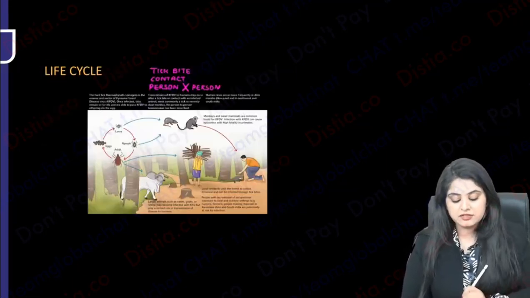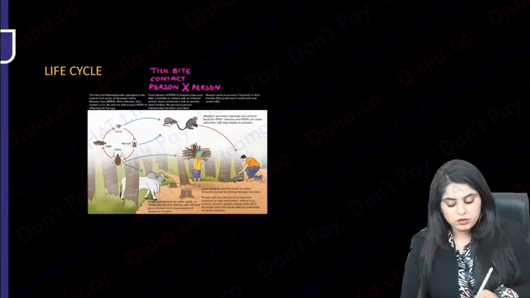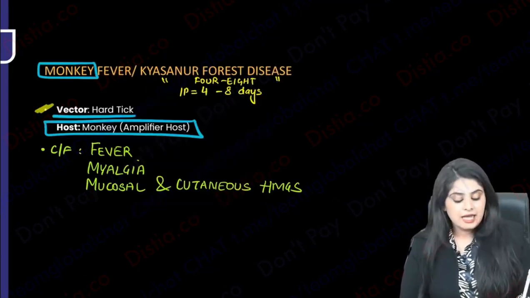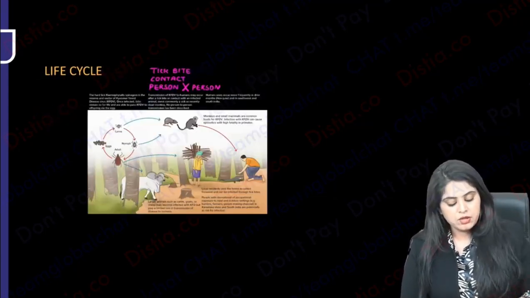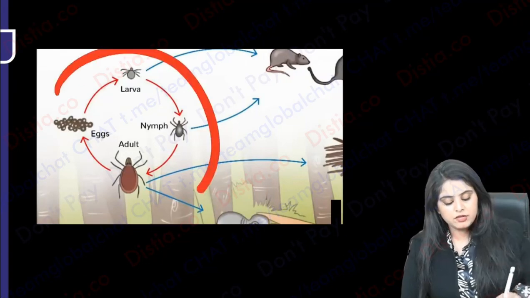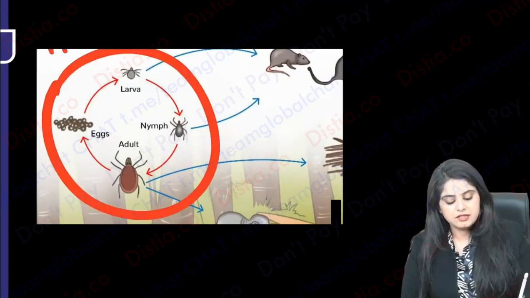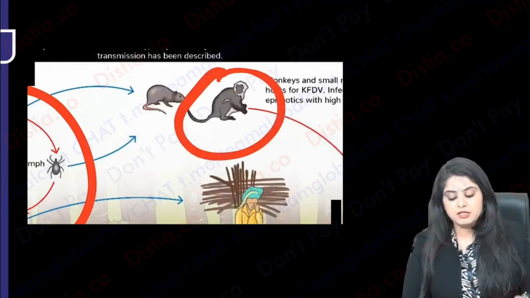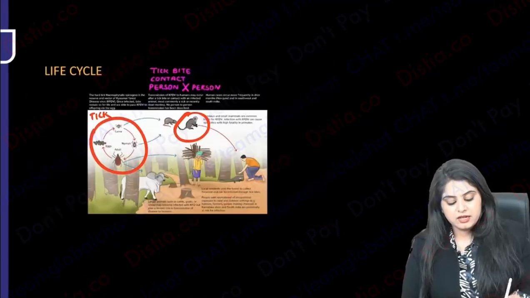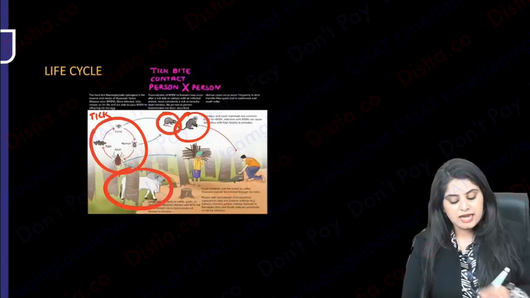So how does the life cycle look? I just told you, vector yaad rakho, hard tick, and monkey, who's the amplifier host, has to be there. So coming over here, you are going to get a life cycle of a tick. I can see a life cycle of a tick going on over here. I can see monkey. You can also see that there are rodents and also cattle that are involved.